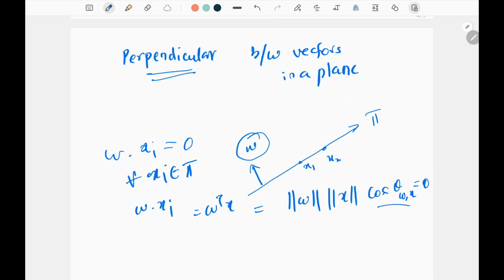So here, if 2 vectors are perpendicular, we have seen that the angle is 90 degrees, right? Then cos theta will be 0. So the whole term will become 0. That is the reason we saw the basics of points. Now we are connecting that to the vectors in a plane itself.